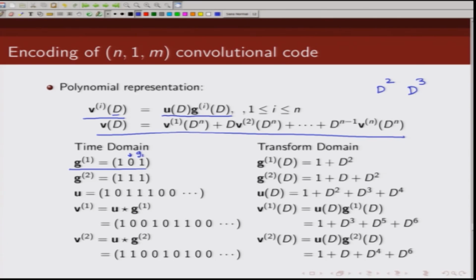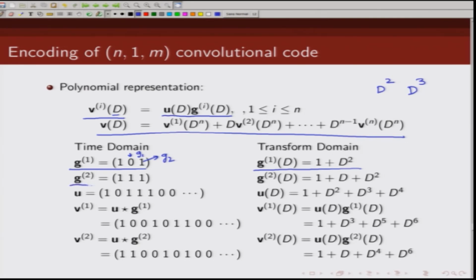So this will be represented using D. So D times 0 will be 0, and this will correspond to G2 basically, and this is delay of 2. So this will be represented using D square. So this G1 in this transform domain using this delay operator can be written as 1 plus D square.